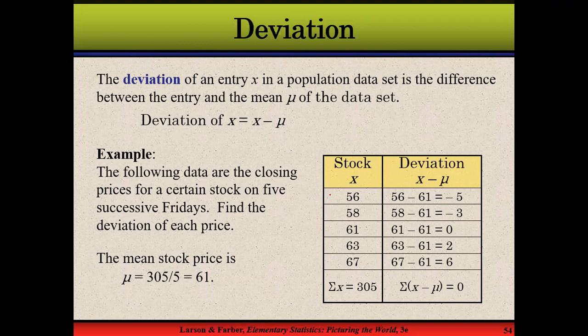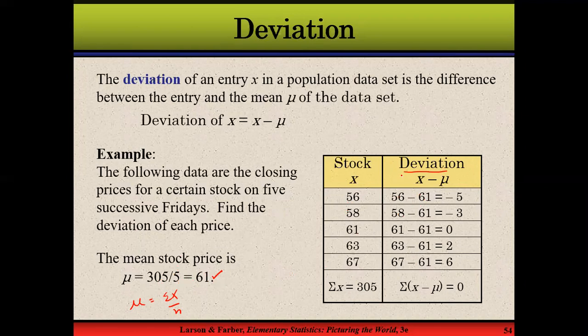The same is going on here. For example, the mean for this data set is 61. How did we calculate that? Remember, mu is equal to summation x over n. We added up all the values and the total was 305. Since there are only 5 values, we divide by 5 and we get 61. So 61 is the mean.